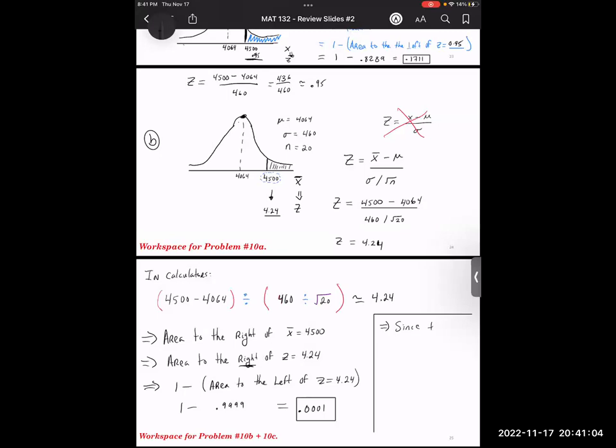Since the original data set is normal, then the distribution of the sample means is also normal, no matter the sample size. And we're done. Oof, what a day.